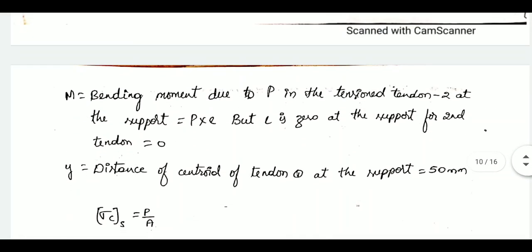See, bending moment due to pre-stressing force in the tension tendon 2 at the support is P into e, but e is 0 at the support for second tendon, and y is the distance of centroid of the tendon 1 at the support. This is very important, you should be very careful here.